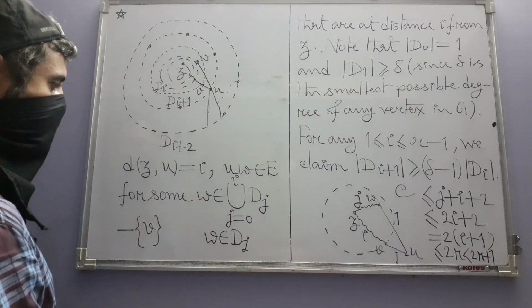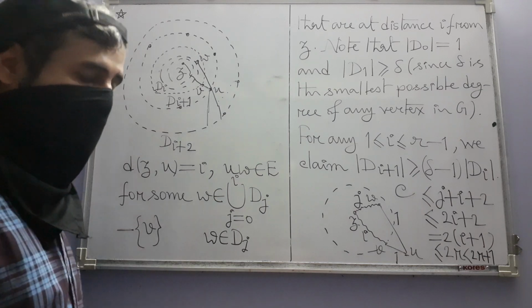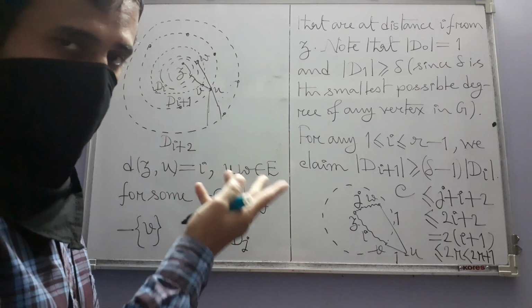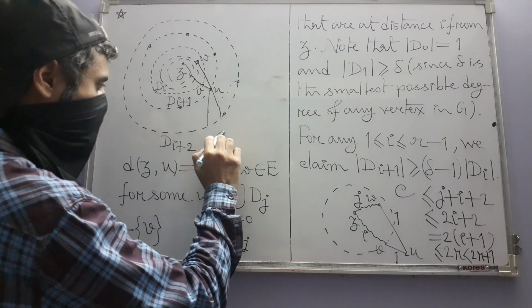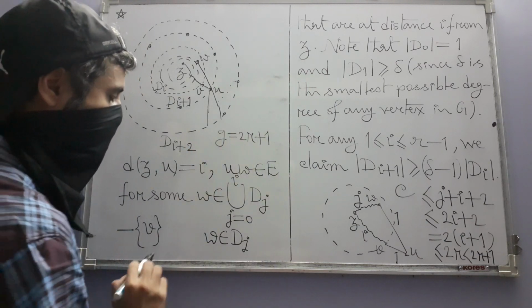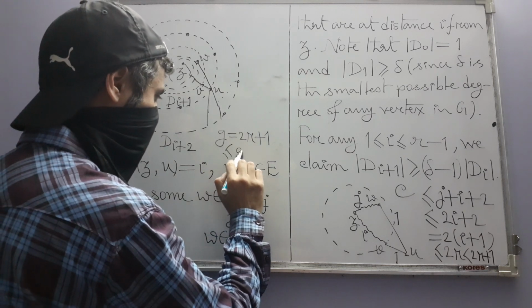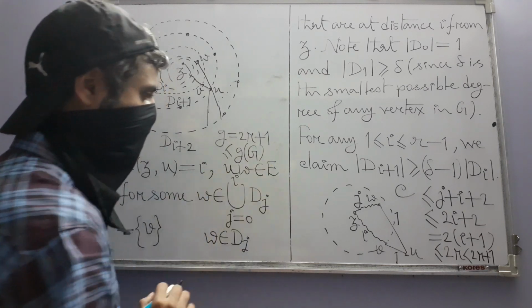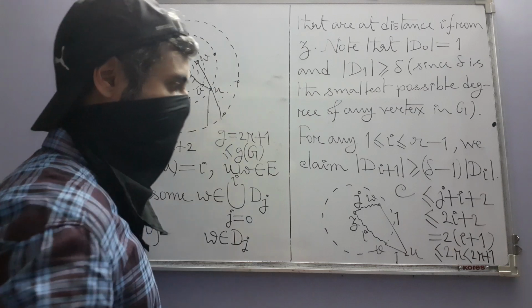But 2R plus 1 is what? 2R plus 1 is g, because that's where we started, right? g is 2R plus 1, and the girth of the graph is greater than or equal to g.